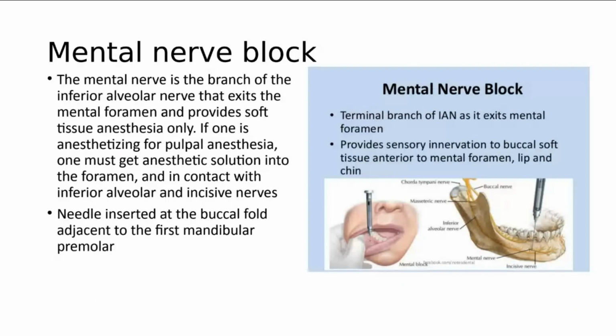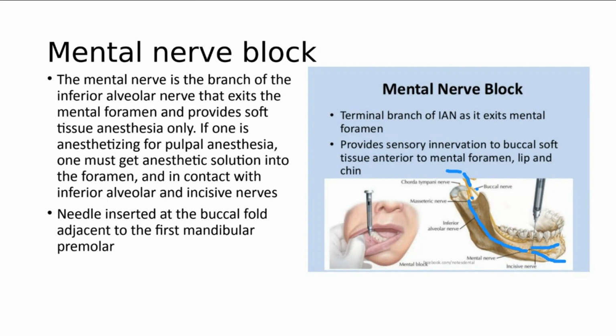Mental nerve block. Remember here we have trigeminal nerve, mandibular nerve, giving you the branches. Inferior alveolar nerve enters from mandibular foramen, runs within the mandibular canal. At the end, it will exit from here to be the mental nerve, and the rest will continue as incisive.